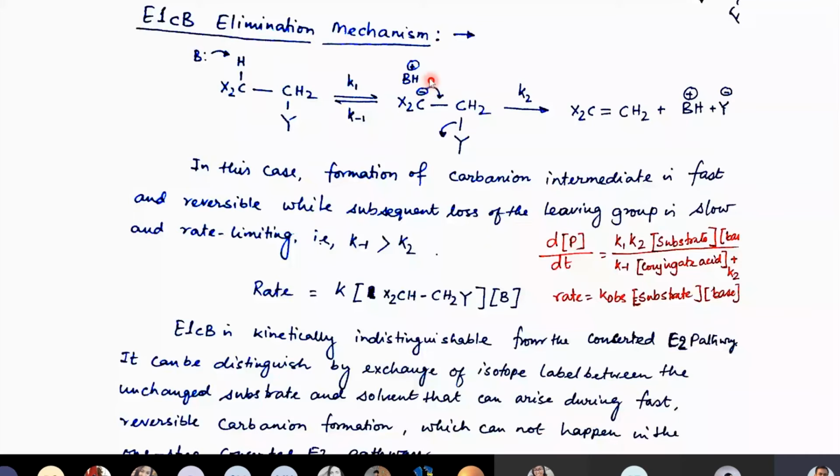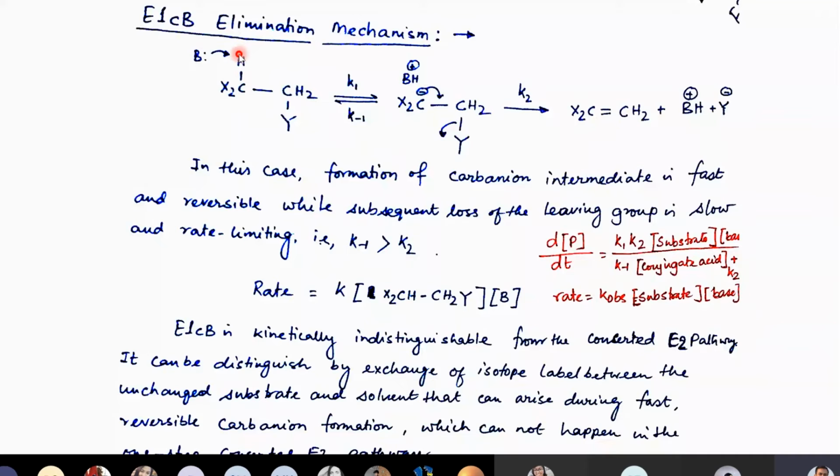This negative charge will take up this proton to come back to the starting material. Now, if you add the deuterium, the isotope, then this negative charge will take the isotope, like the deuterium if I put. So then this C-H bond would be replaced with a C-D bond. You will see a deuterium here.